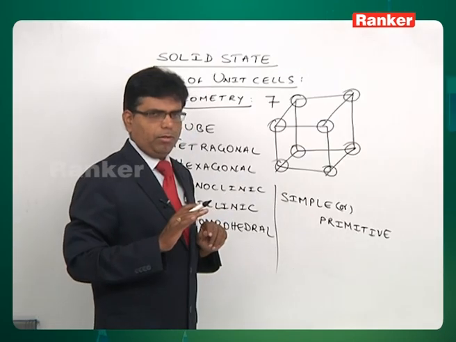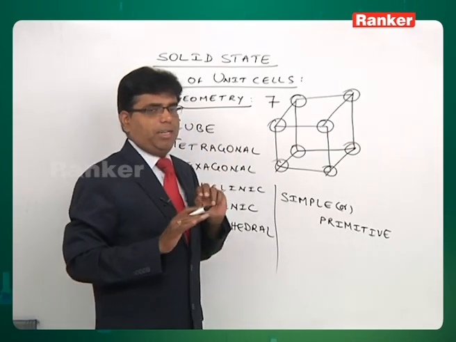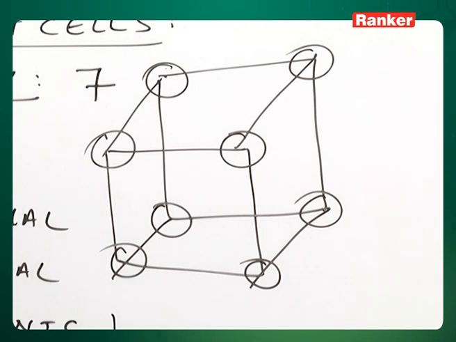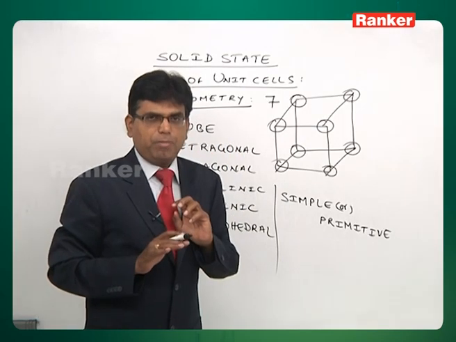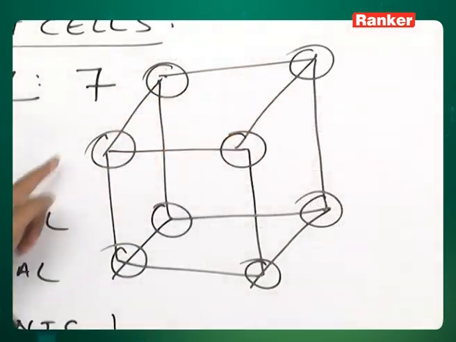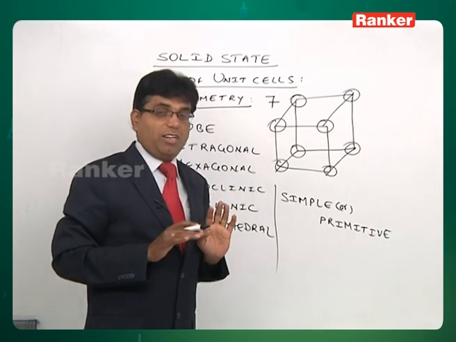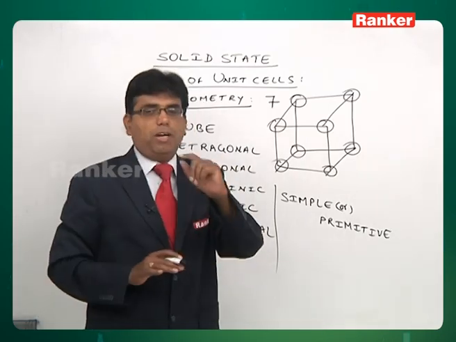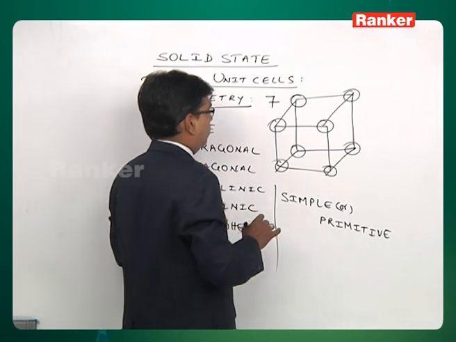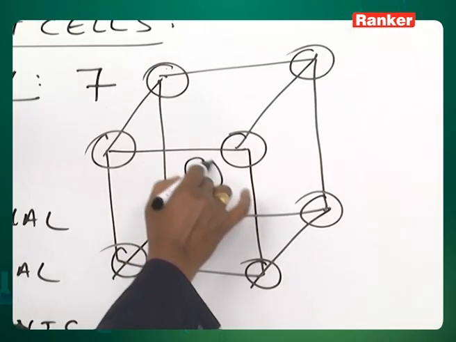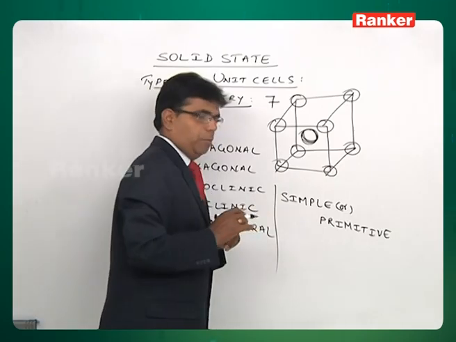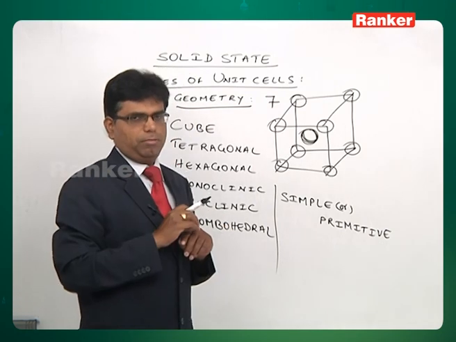Then another possibility, now what are the other different possibilities where else the atoms can be placed? Besides these 8 corners of a cube, another possibility is that if you place one atom at the center of the cube, that is what we call body center.